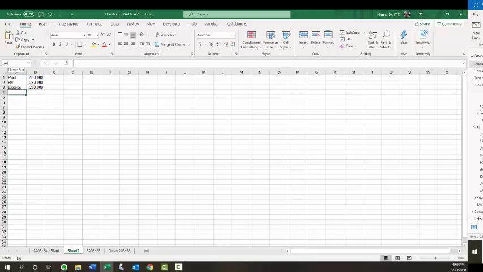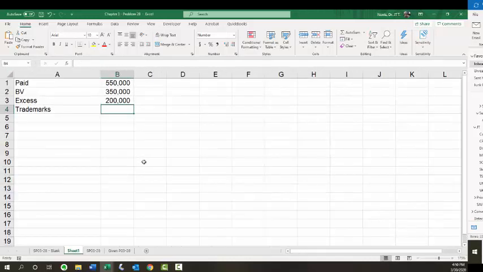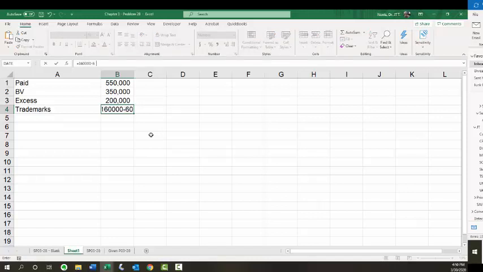Then we had trademarks. Make this a little bigger so you can see it. Trademarks with a fair value of 160 and a book value of 60.